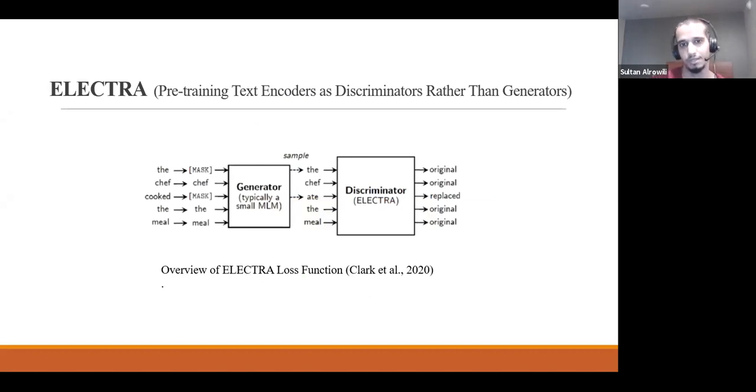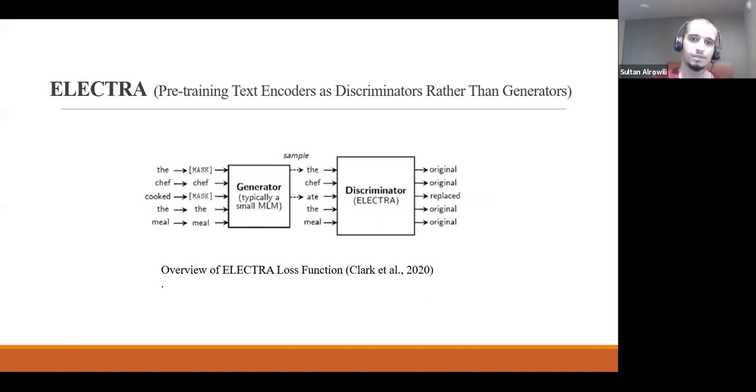ELECTRA did not add a lot in the transformer architecture itself, but it brings a new solution in the loss function by coming up with two models, a small model called the generator and another model called the discriminator. The generator will try to come up with a fake token. In the example here, the chef cooked the meal. We masked the word cooked and the generator comes up with a fake token, which is ate, that fits the context around that word.